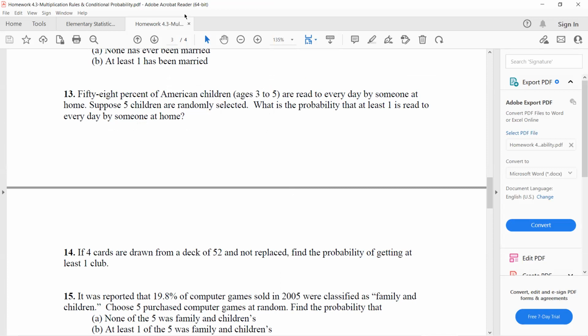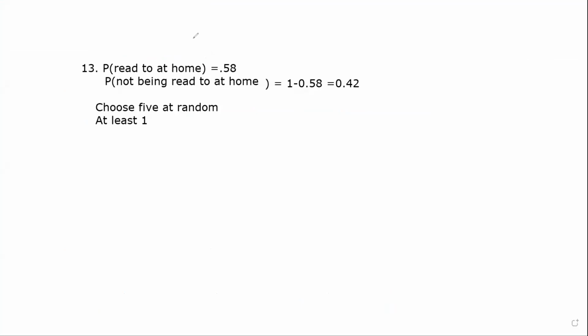So you're picking at least one that's read to. So the only thing you're not picking here is that they're not being read to. So at least one is read to every day.